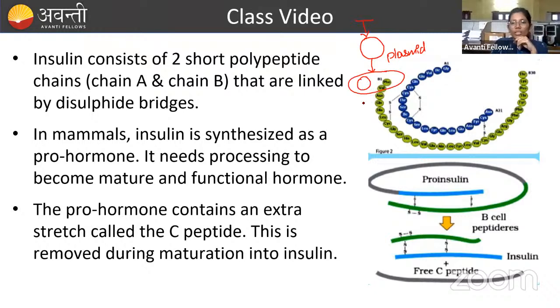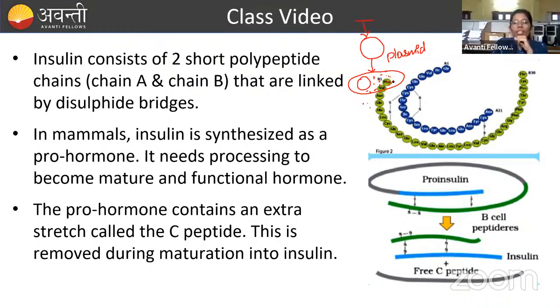Now this host is going to produce insulin, because we have our A chain producing gene in the plasmid, right? This plasmid has been introduced into the host cell, like E.